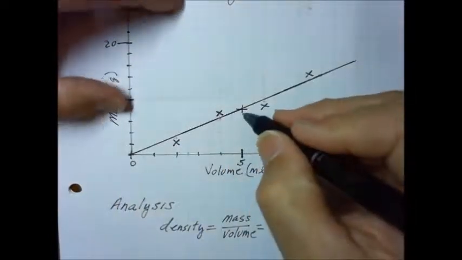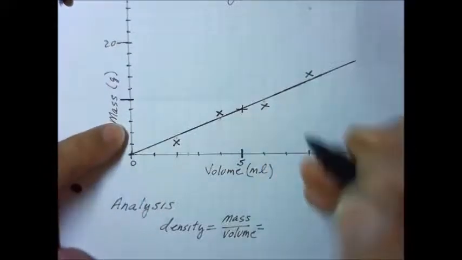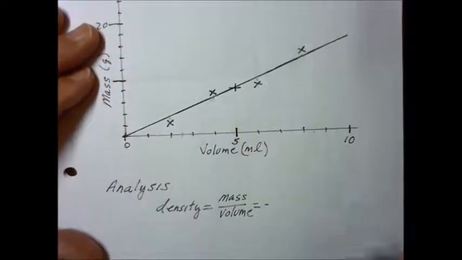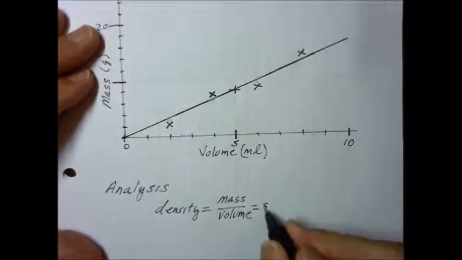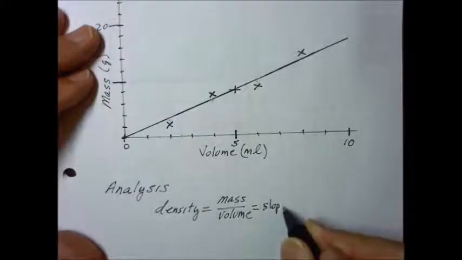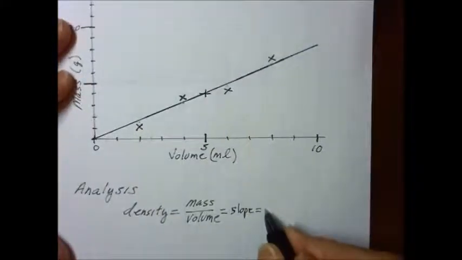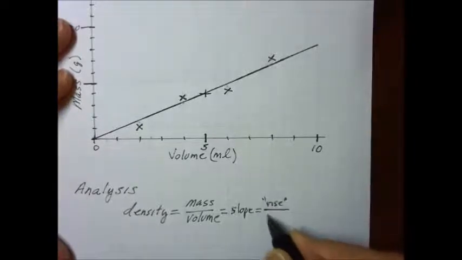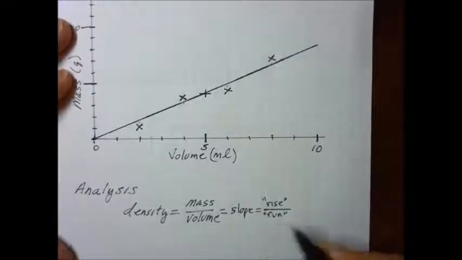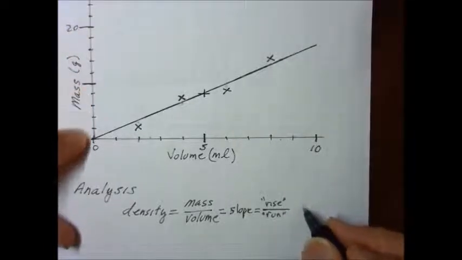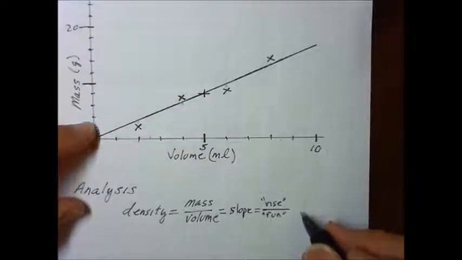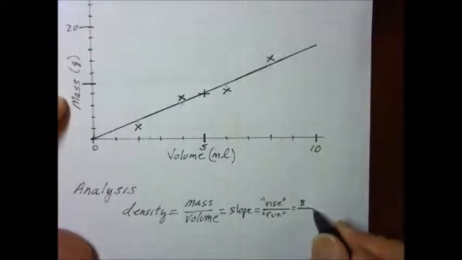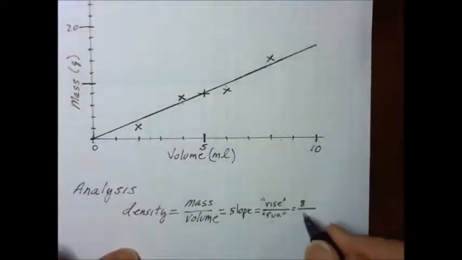So if I'm looking at the slope, the rise over the run, let me write this right down here. If we're looking at the density is equal to the slope is equal to the rise over the run, and the rise in this case is 2, 4, 6, 8 over 5.